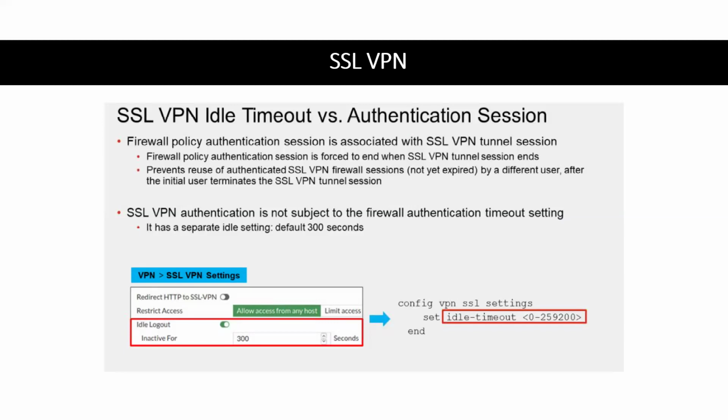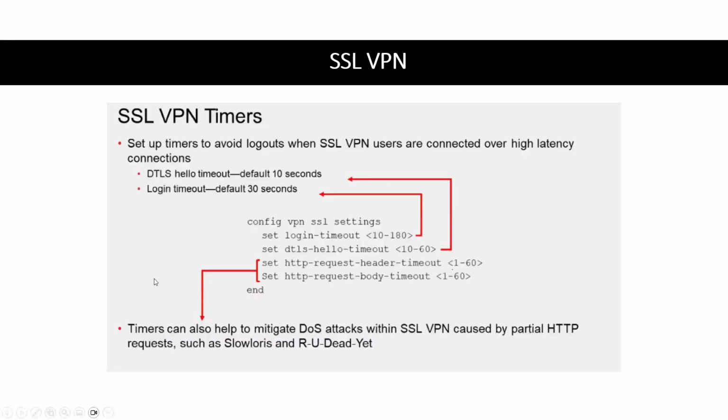He'll log them out, because there's no need. The purpose of SSLVPN is for an end user to reach resources. If it's not reaching resources, let's disable it. You can configure that within the GUI and of course within the CLI.